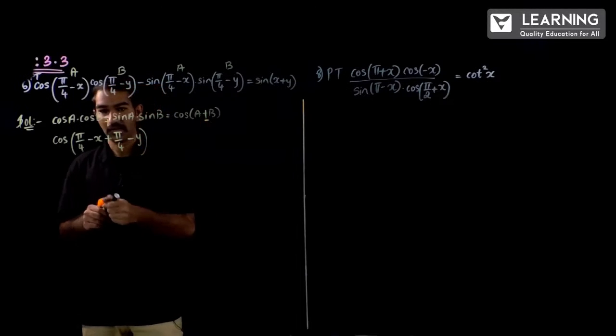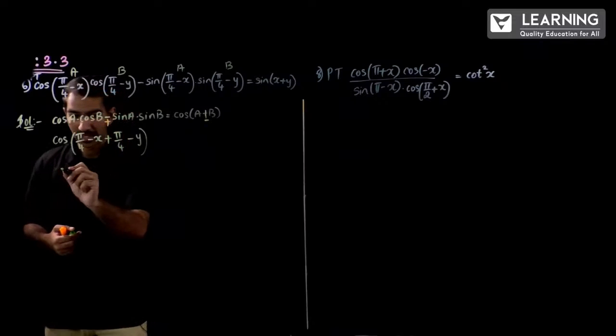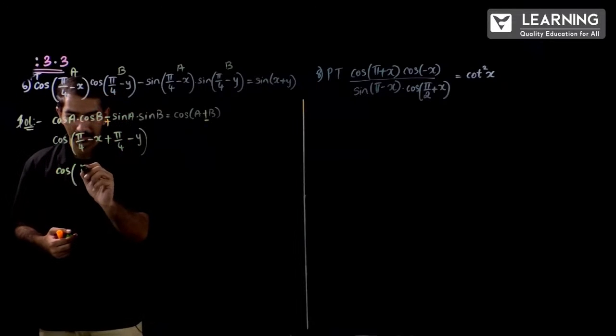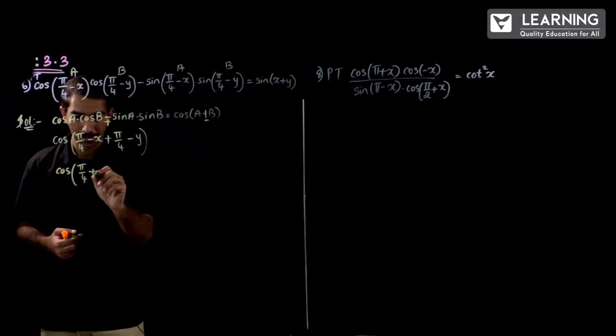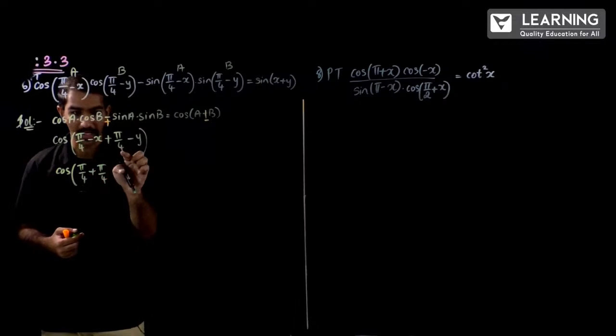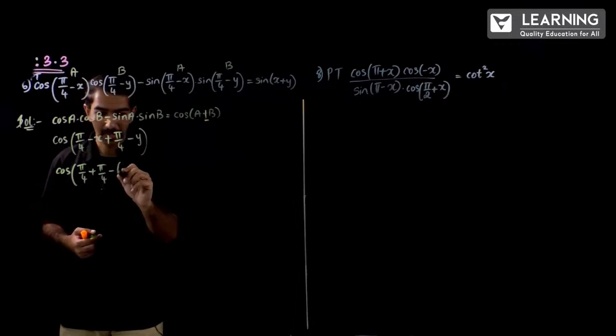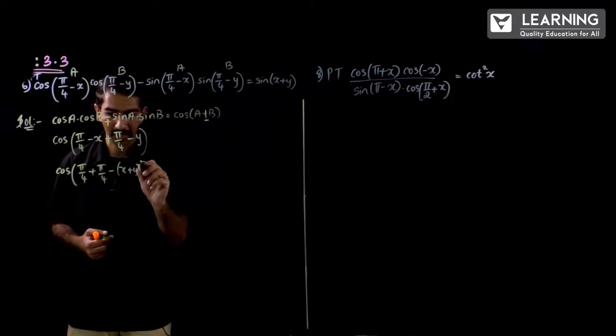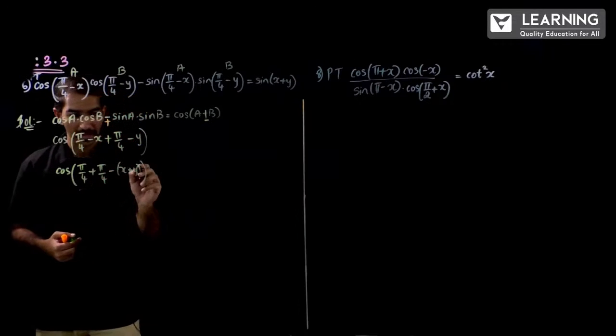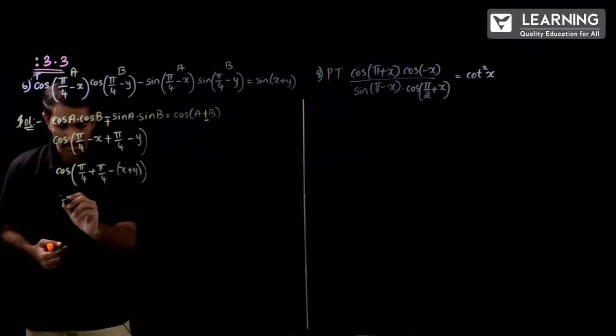Now what will happen, students? We'll solve this again. So this can be written as cos of pi by 4 plus pi by 4, correct? Minus, you take common, x plus y. What is pi by 4 plus pi by 4? Add them both.